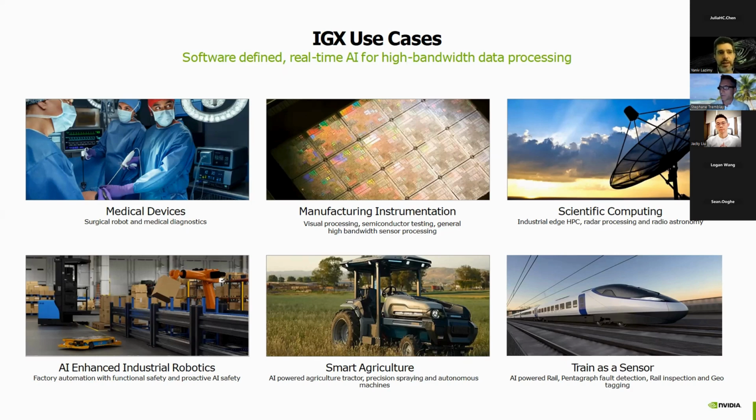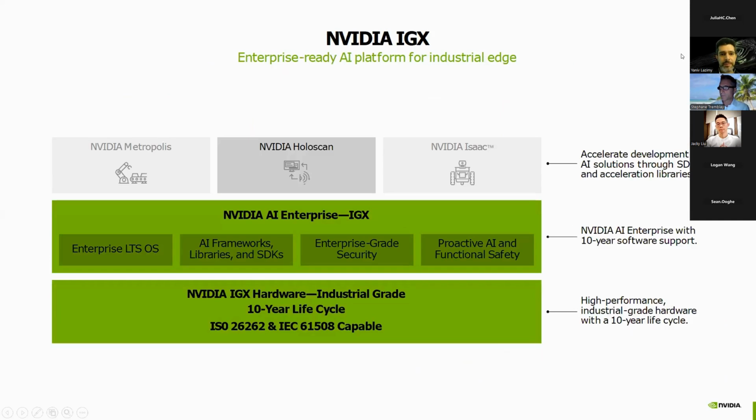So if you can go to the next slide, please. What is IGX? It's an enterprise-ready AI platform for the industrial edge. It has several components. The base component is a hardware layer that is industrial grade, meaning it supports a wide range of temperatures. It has functional safety features built into it, and it has 10-year life cycle support.